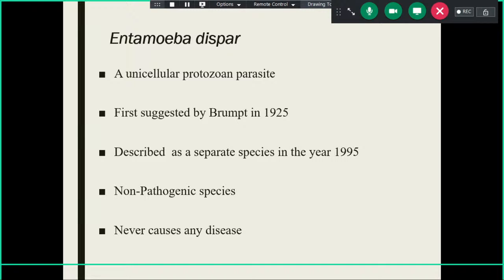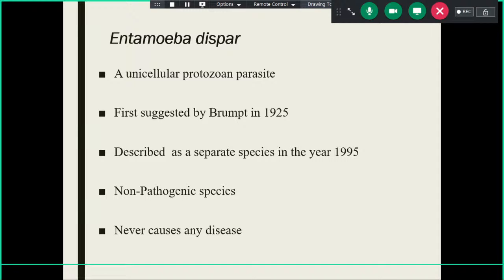Okay, I would like to say here, when you are examining stool in wet mount or saline anything, you can't differentiate Entamoeba histolytica from Entamoeba dispar. Okay, so whenever you are saying your findings to the examiner, do say that Entamoeba histolytica or Entamoeba dispar. It cannot be differentiated microscopically. Okay, if you say dispar, then it will be a wise point.